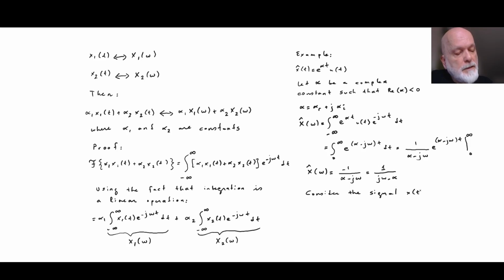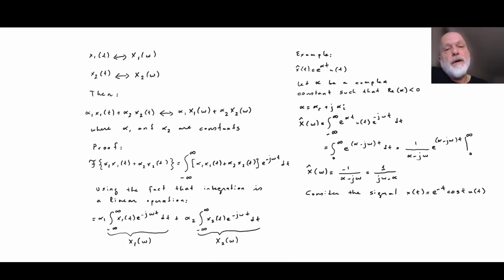Now let us consider the signal x of t equal to e to minus t cosine t u of t. Now x of t is obviously absolutely integrable because the magnitude of x of t is e to minus t times the magnitude of cosine t.